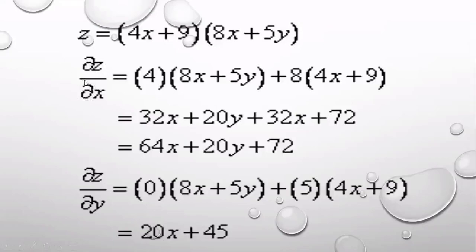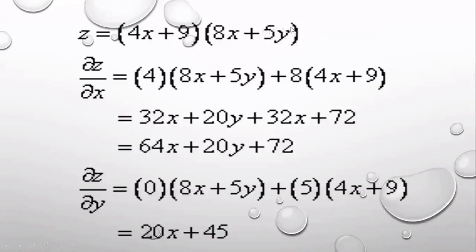So del z over del x, you see 4x plus 9 is constant, no need. So 8x plus 5y, UV form, keep this constant, 8x plus 5y, do this one, 4x plus 9, plus 4x plus 9, then you see this is the constant.